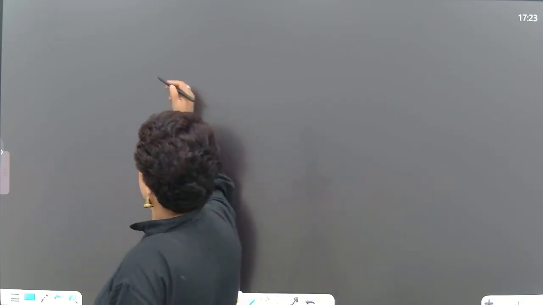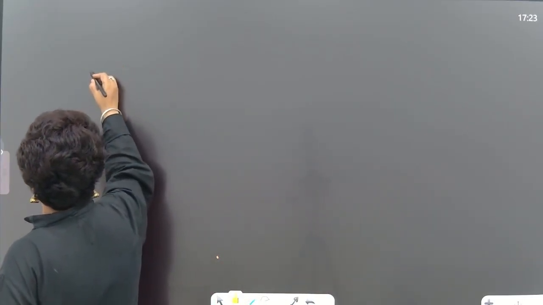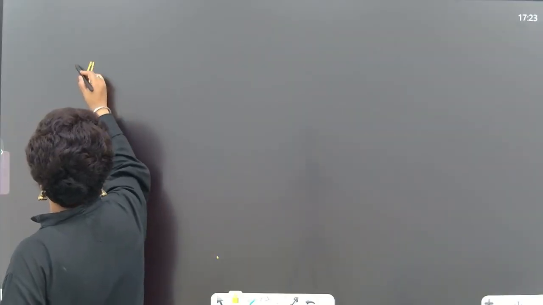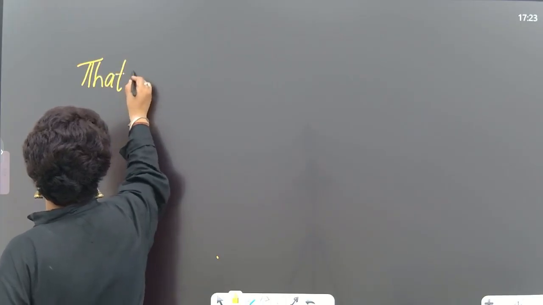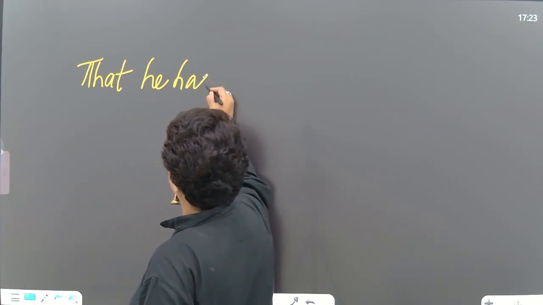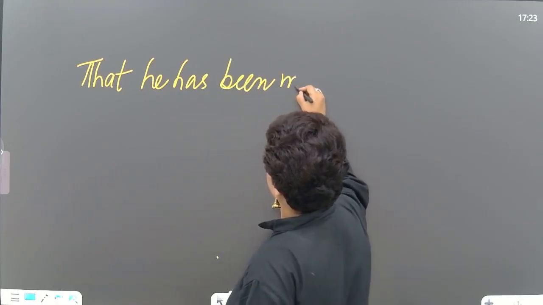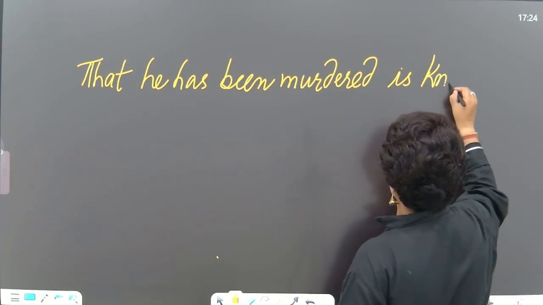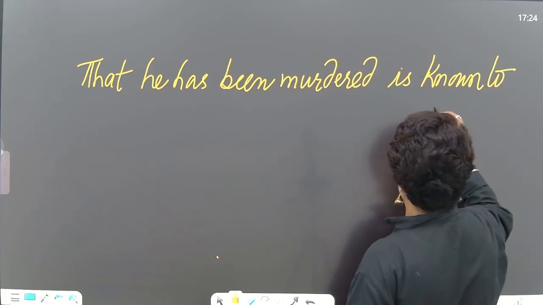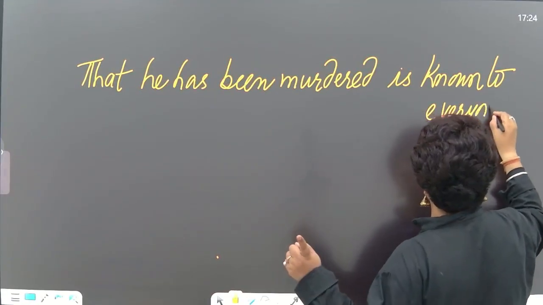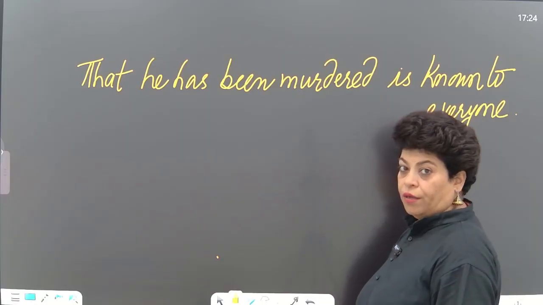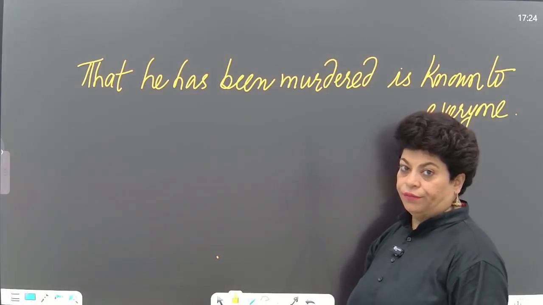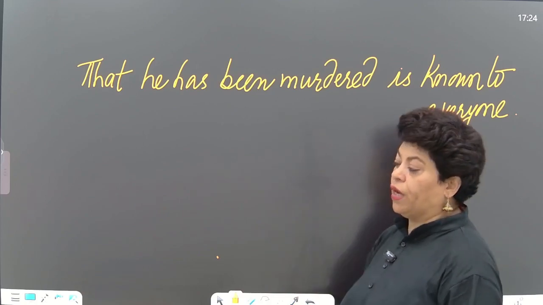For example, that he has been murdered is known to everyone. Now, my next question is, which type of clause is it? How do you come to know which clause we are talking about?